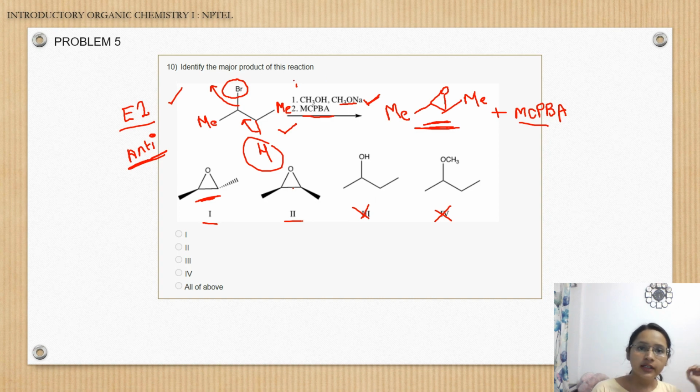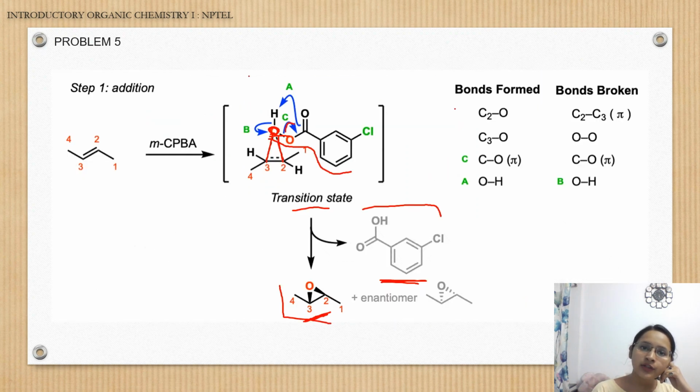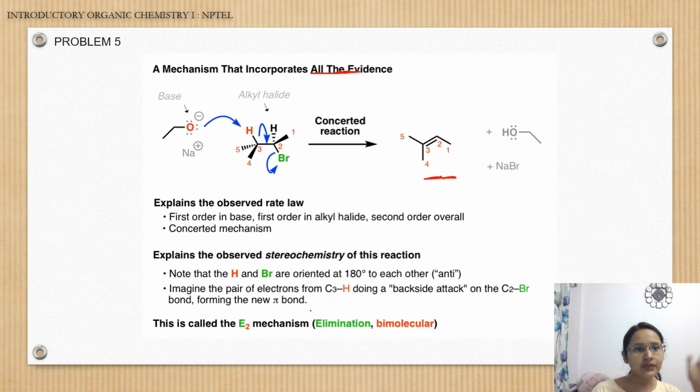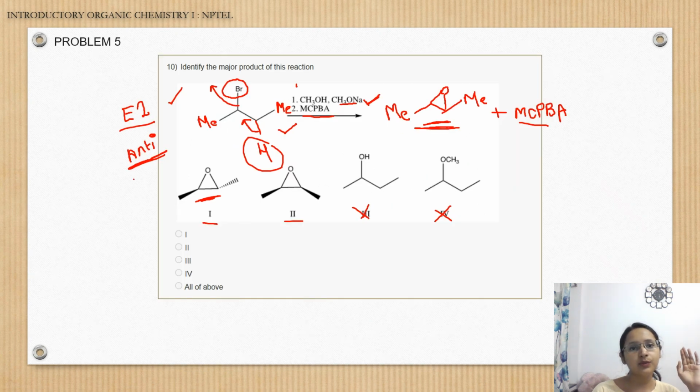So here, in the first case, what you have seen is the elimination, which was E2 elimination, and then after having this alkene in hand, you treat it with MCPBA. And what will MCPBA do? One of the oxygens of the peroxide linkage will be transferred to this alkene bond to give you the epoxide, and this epoxide will have the same stereochemistry which was there in the reactant.